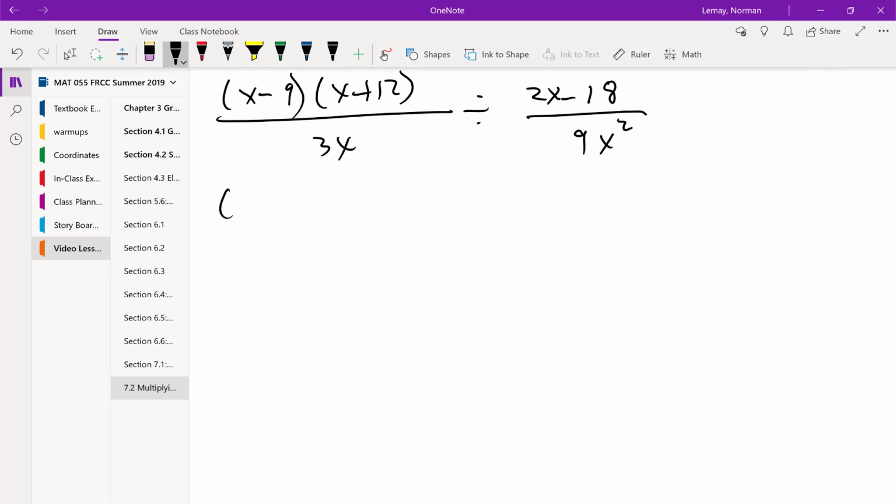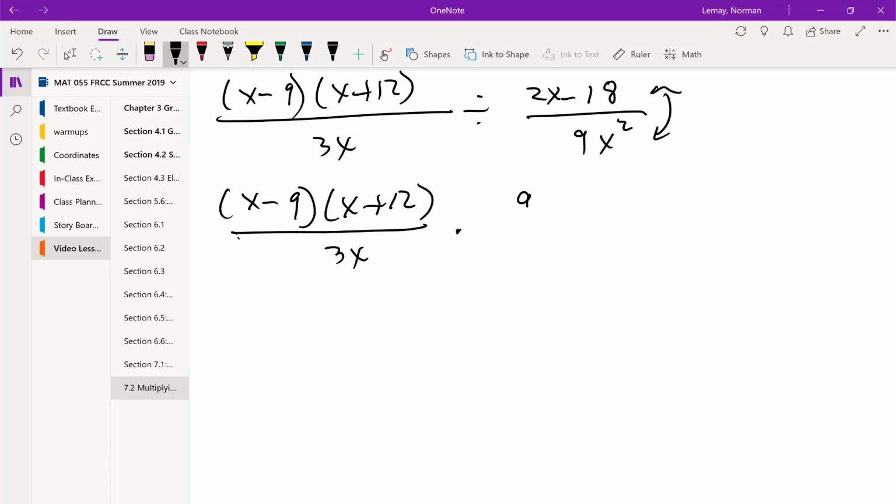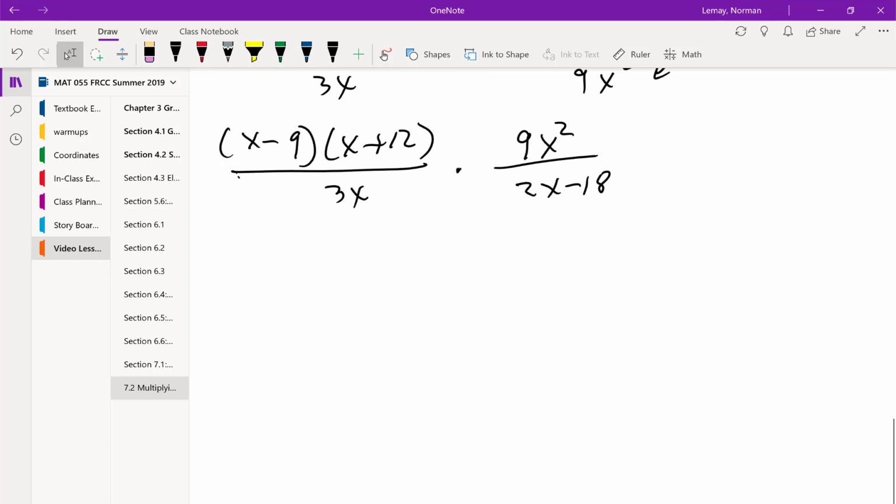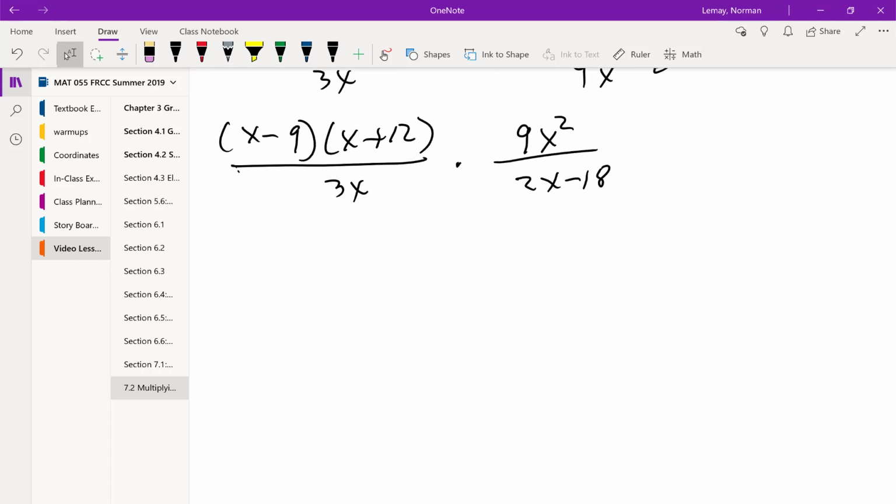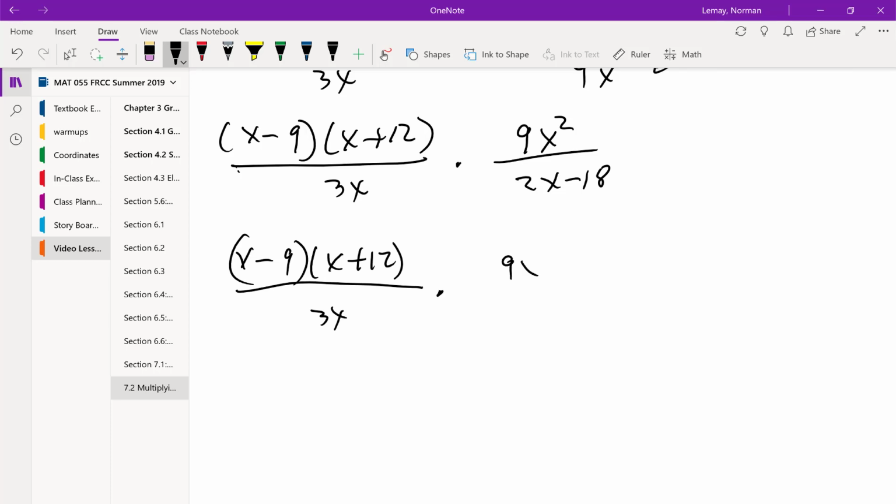So this becomes x minus 9, x plus 12 over 3x times, so we flip this, 9x squared over 2x minus 18. Again, now we have to do any factoring if we can. So now we get x minus 9, x plus 12 over 3x times 9x squared.